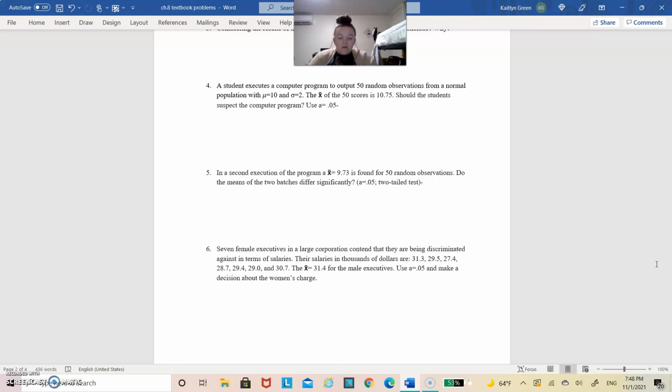So the setup is still the same as before. However, now we're trying to figure out if mu1 is equal to mu2. So our alternative hypothesis will be mu1 is not equal to mu2. Our alpha is still 0.05, and we found that Z cal was 2.55, and our Z crit is still 1.96.